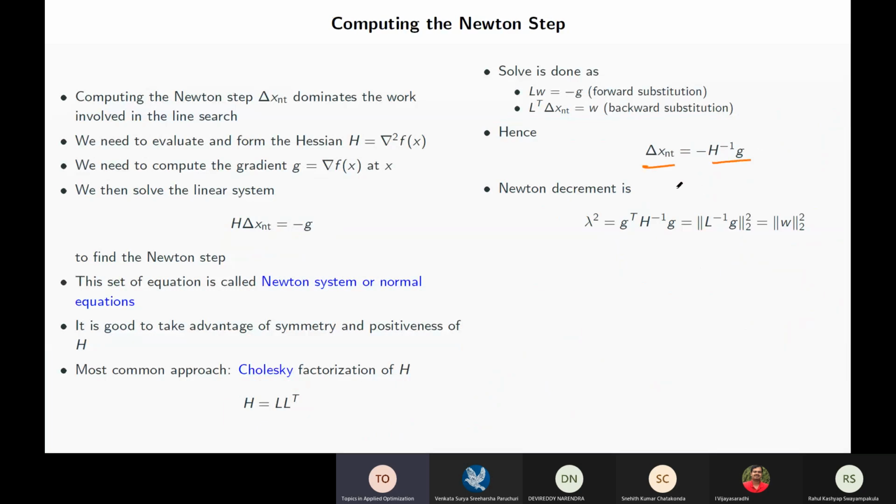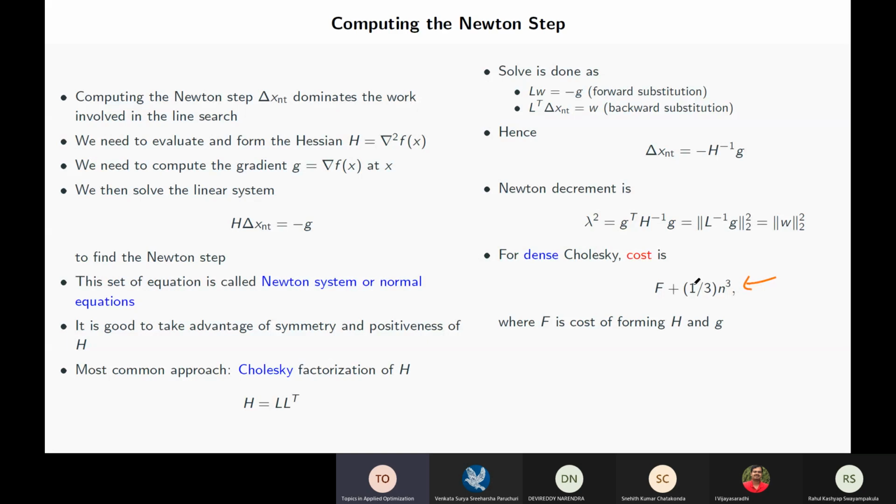This is how we get this, and the Newton decrement can be computed. The Newton decrement was g transpose H inverse g, and using the fact that H can be decomposed like this, I can write it as the norm of L inverse g, which is W. So I need one solve with L, and then I take the norm squared to get the Newton decrement.